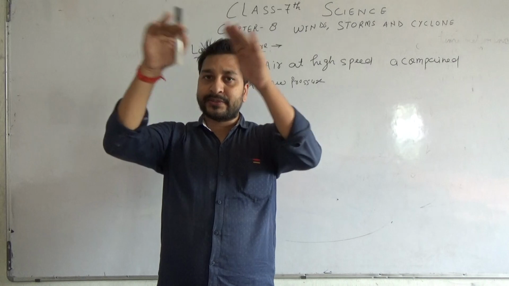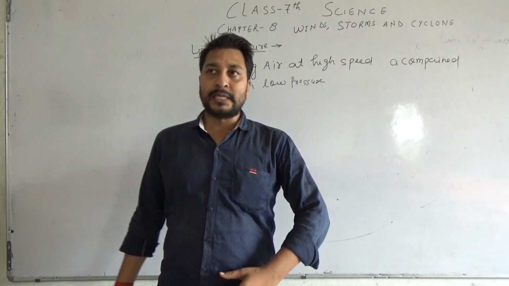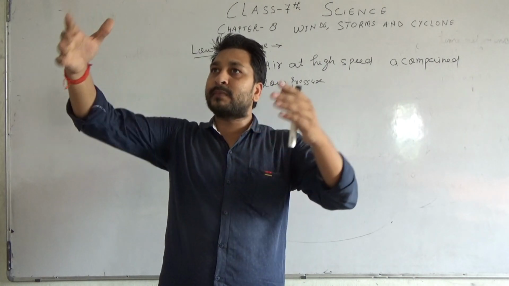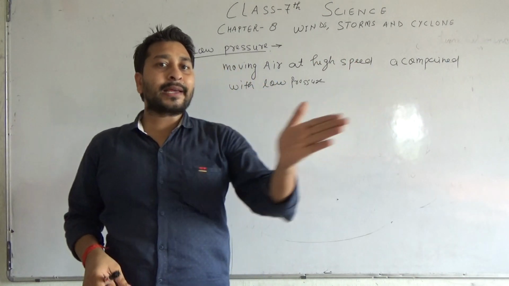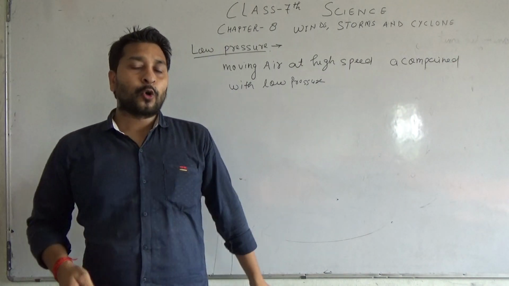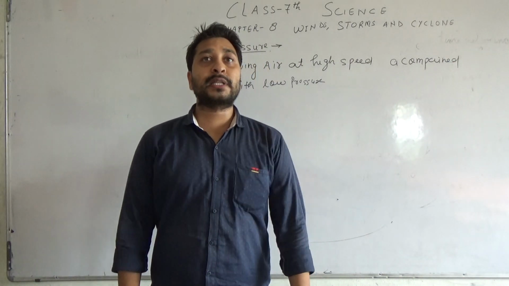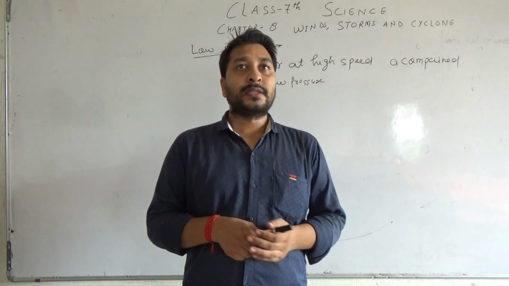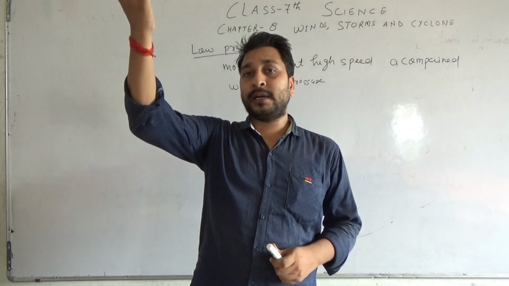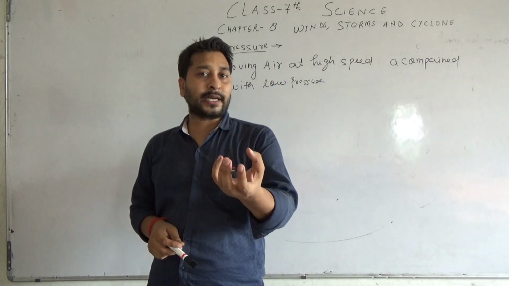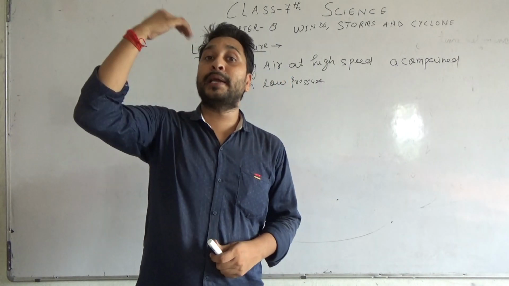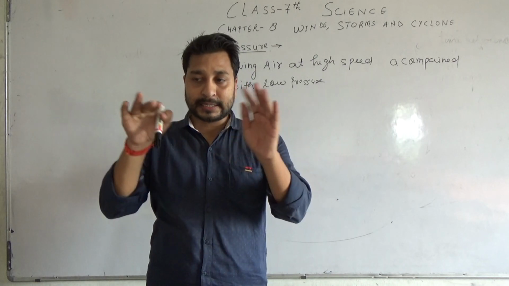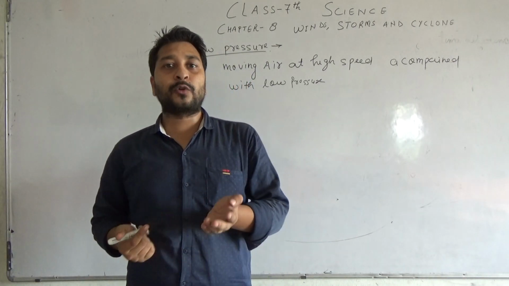You have seen the tin shed at your home or in your village. There are small holes in the wall so that the air can pass easily. Why is this? When there is a storm or heavy wind passing, there is low pressure on the upper side of the tin, and greater pressure inside.